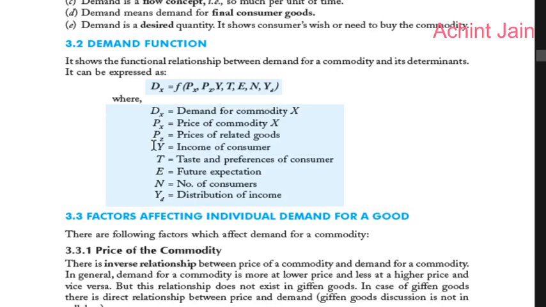Pz is the price of related goods, meaning substitute goods or complementary goods, which I will explain afterwards. Y is the income of the consumer. T is taste and preferences of the consumer, meaning the consumer likes it and tries to purchase it. E is future expectation. N means number of consumers. Yd means distribution of income.